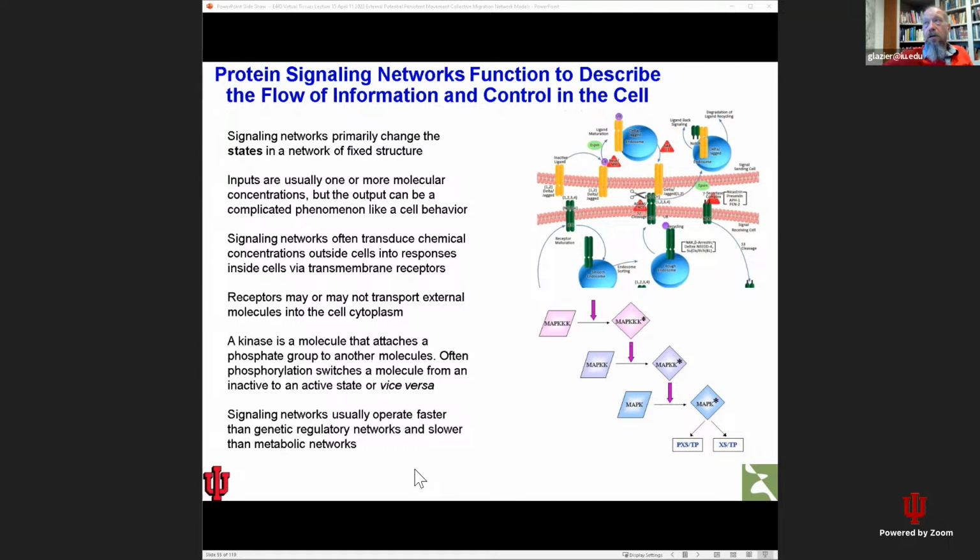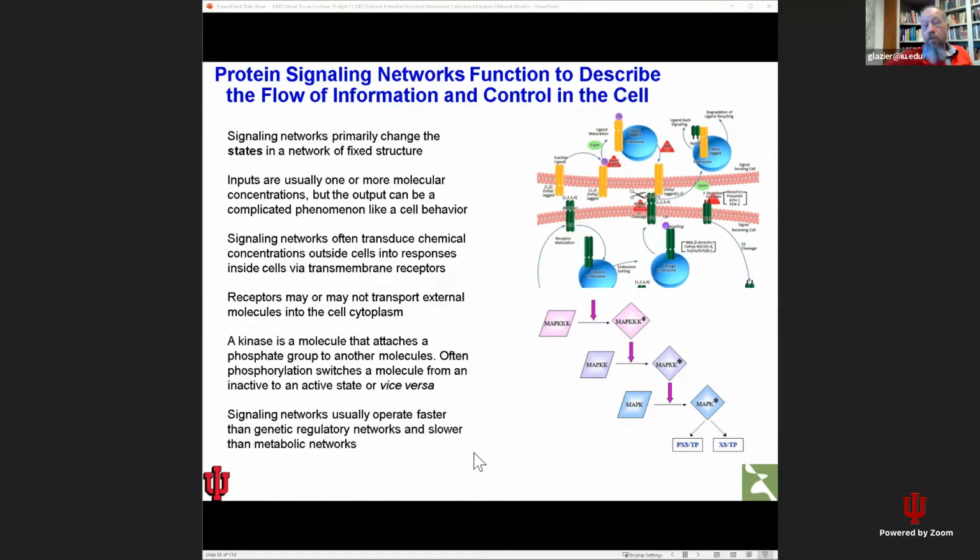So a typical pattern of protein signaling is that you have something that attaches or removes a phosphate group, that is, it phosphorylates or dephosphorylates something else. A molecule that attaches a phosphate group to another molecule is called a kinase.